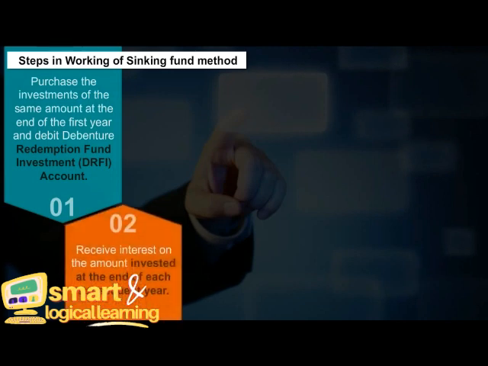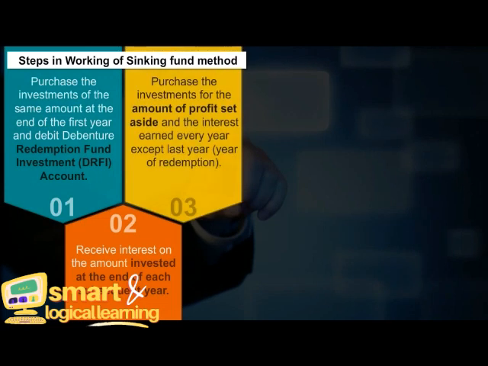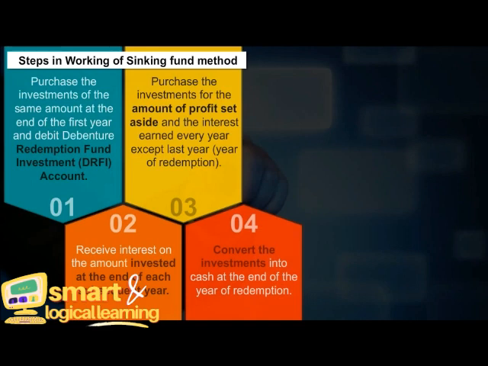Receive interest on the amount invested at the end of each subsequent year. 3. Purchase the investments for the amount of profit set aside and the interest earned every year except last year, year of redemption. 4. Convert the investments into cash at the end of the year of redemption.